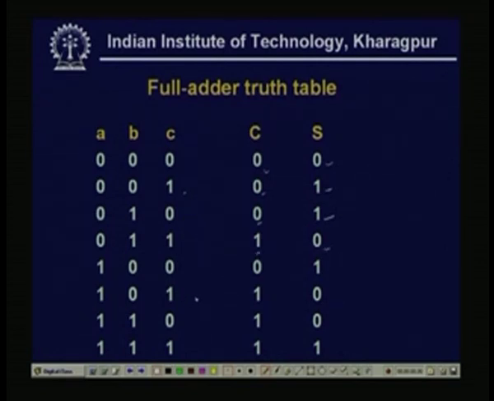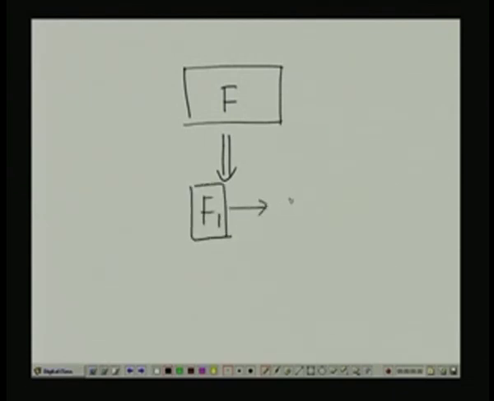So, in this way for all possible combinations of 3 inputs, the 8 combinations, we have found out what will be the carry and the sum. Now, the system F has been partitioned into F1, sum, and F2, carry.